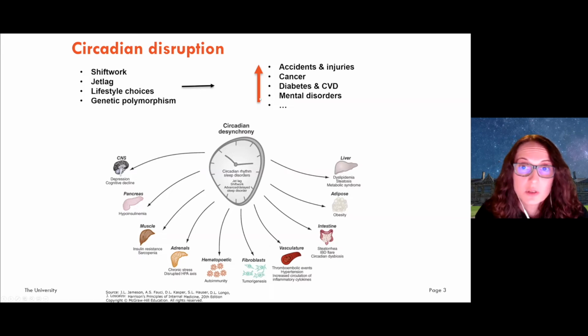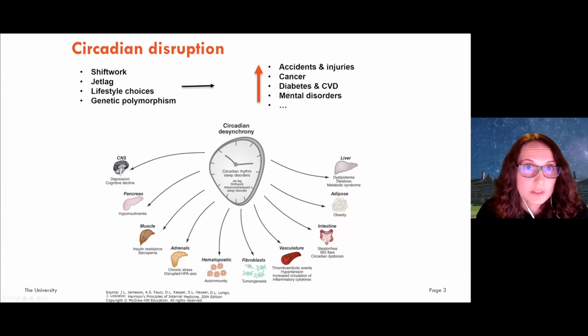And the results of those are actually quite bad for health, including increased risk of cancer, diabetes, cardiovascular disease, and mental disorders. So it's best to avoid circadian disruption as much as possible and minimize it where it cannot be avoided.